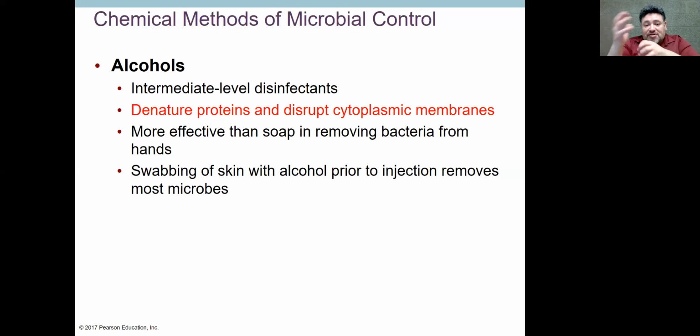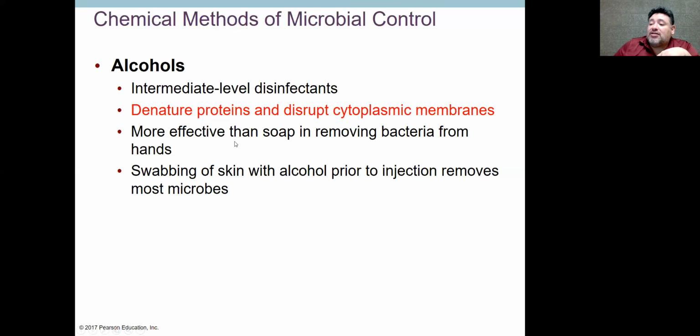In order for a protein to function properly, it has to have a very specific three-dimensional shape. When you add alcohol, okay, that hydroxyl group intervenes with the folding of that protein, and that protein unfolds, it denatures. It doesn't have the proper three-dimensional shape anymore, and that's it. The bacterium ceases to be viable, okay?